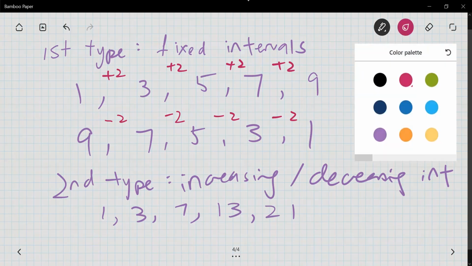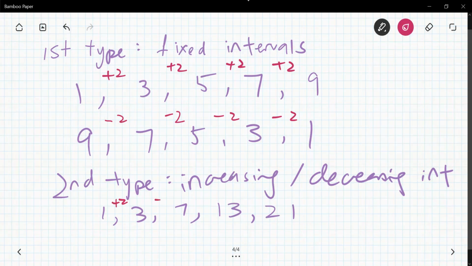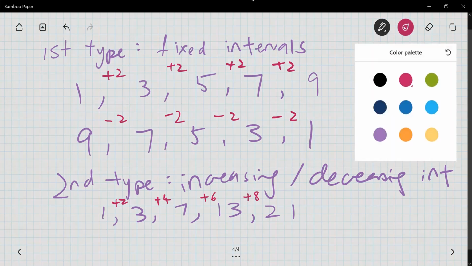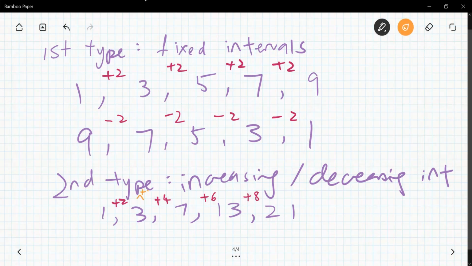What happens is I plus 2 here, I plus 4 here, I plus 6 here, I plus 8 here. It is increasing. There's another level of increasing over here. So 2 and 4, you have another plus 2. 4 and 6, you have another plus 2. 6 and 8, you have another plus 2.